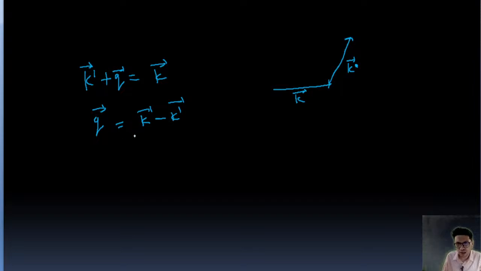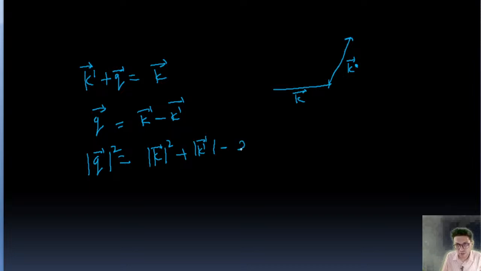So here we'll take mod square on both sides. So mod square of q equals mod square of k plus mod square of k dash minus 2 mod k mod k dash cos theta.